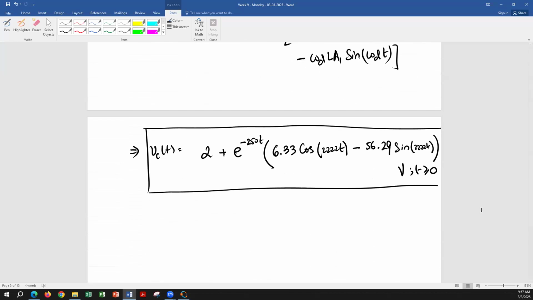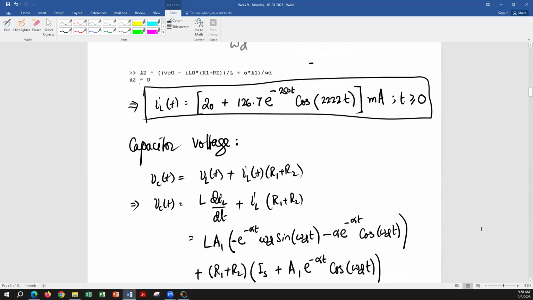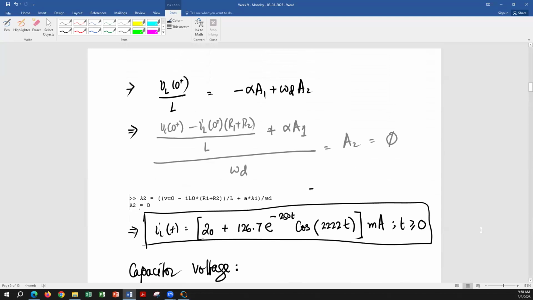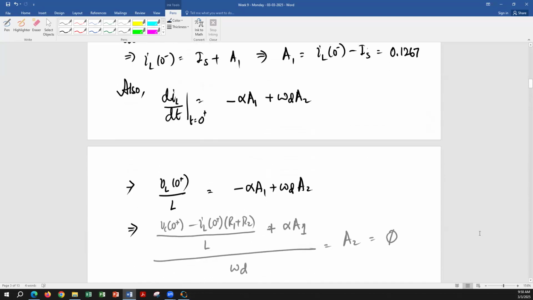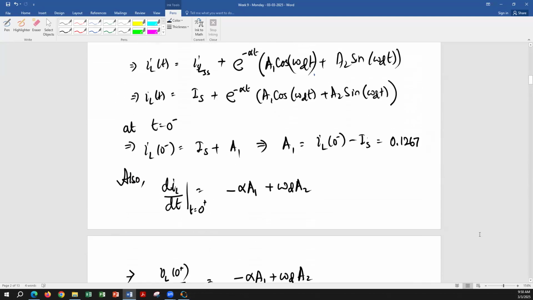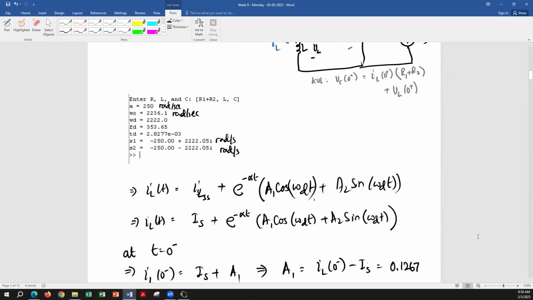Sure. Well, I did it in front of you, right? What alpha equation are you using? R over 2L? Okay. Well, R over 2L is going to come out to be 250, I'm pretty sure. Let me check.